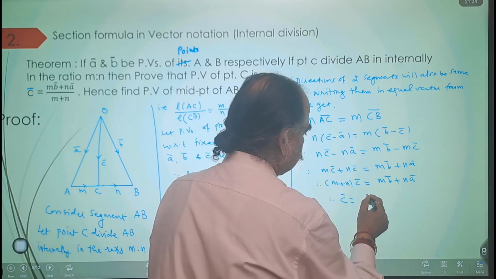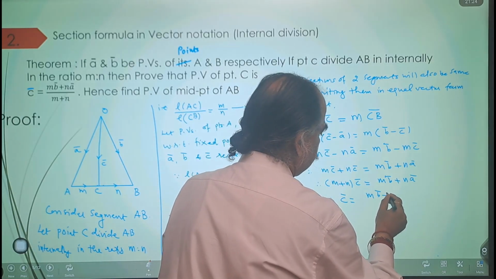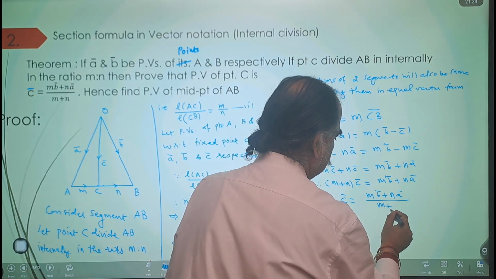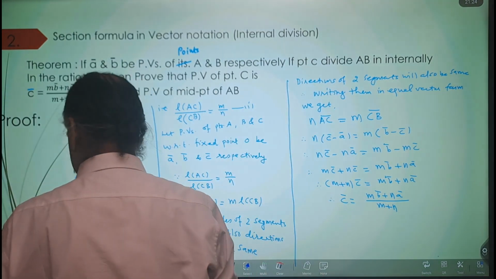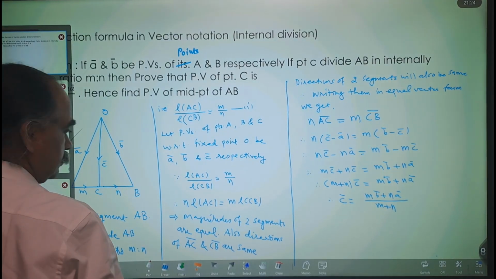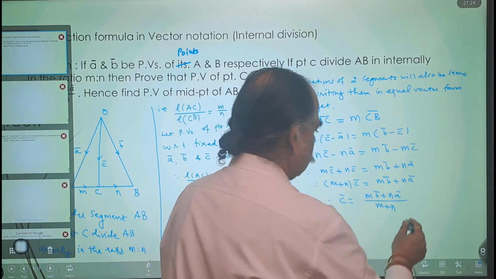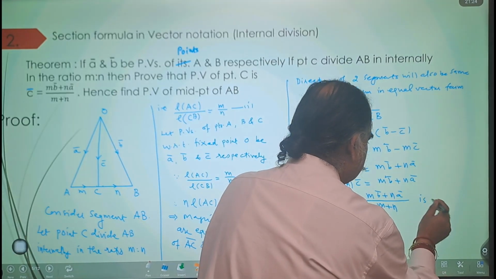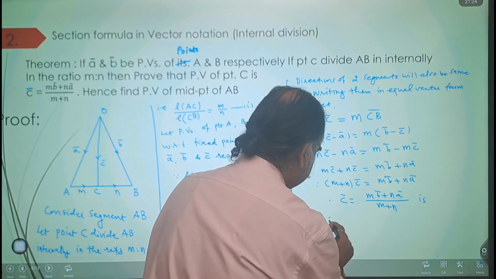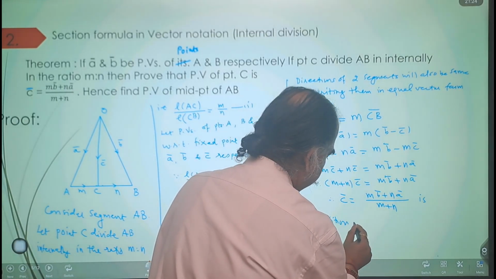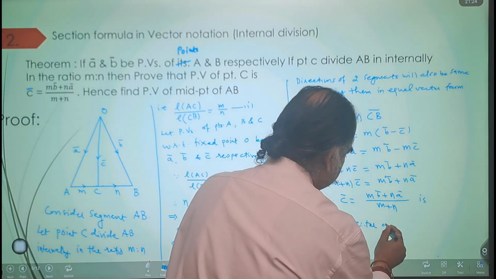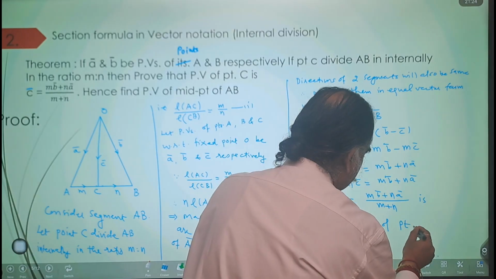So C bar is m B bar plus n A bar upon m plus n, which is position vector of point C.